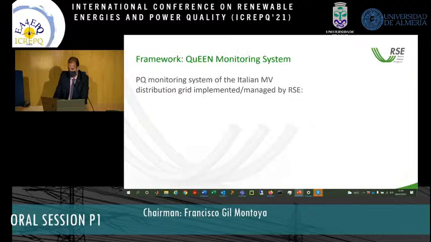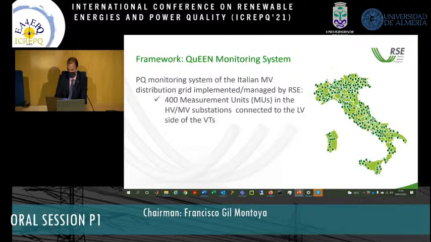But I start to talk about what the Queen monitoring system is. Since 2006, RSE developed a monitoring system of the Italian medium voltage distribution grid. And we have installed in the primary substations 400 measurement units on the low voltage side of the voltage transformer in the primary substation.